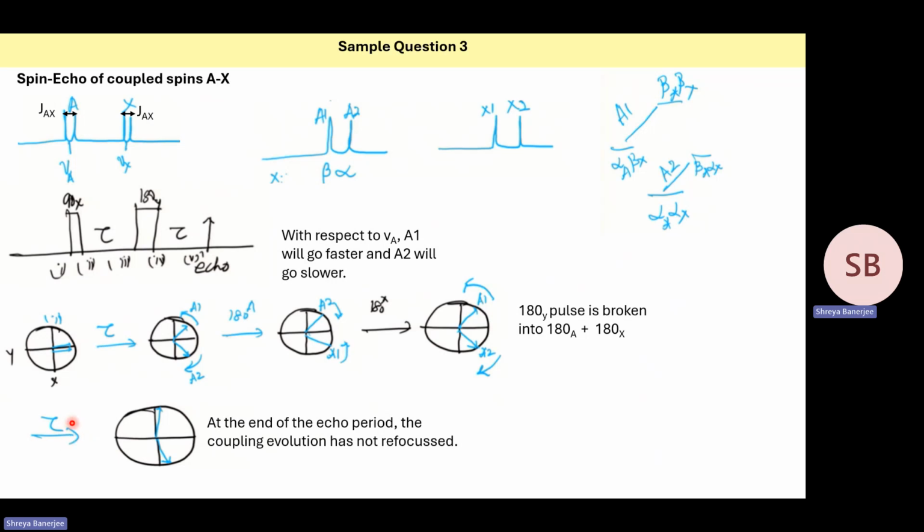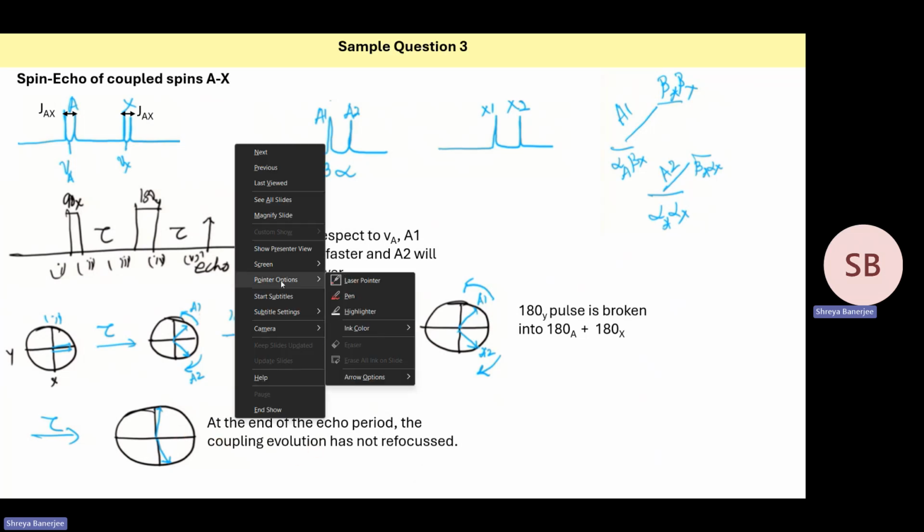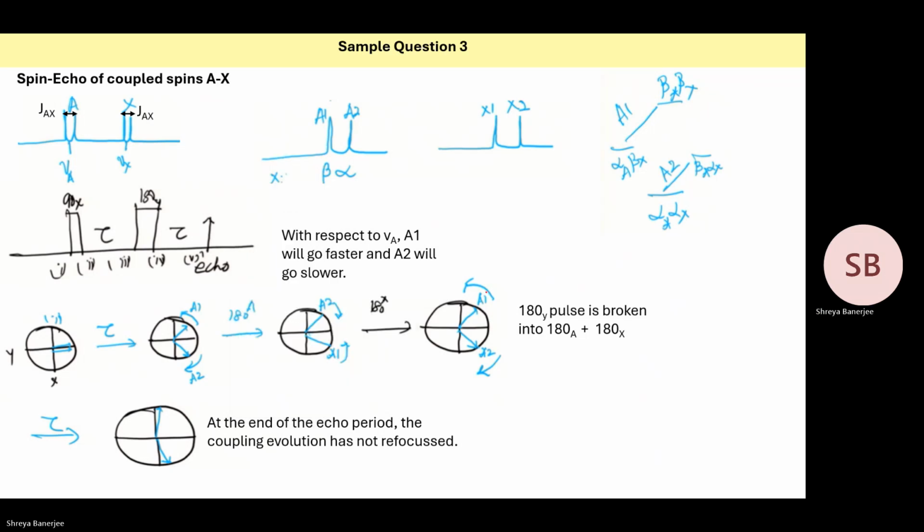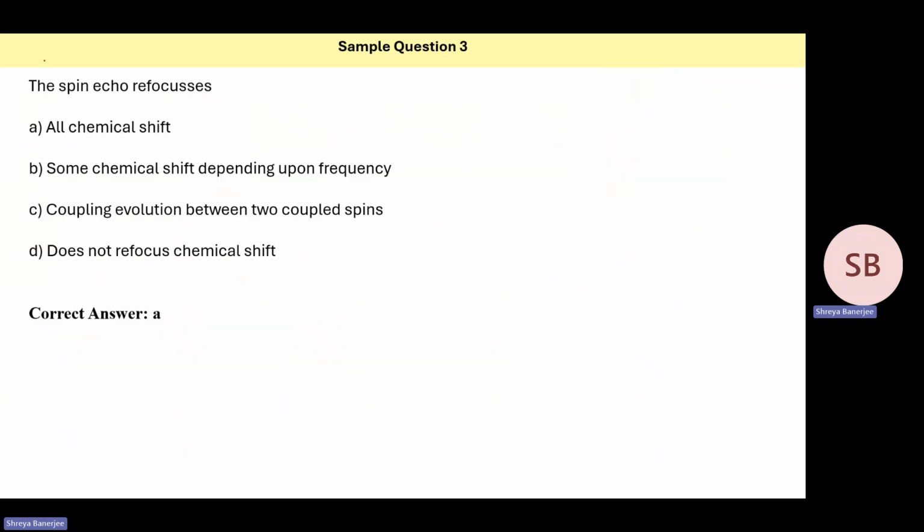And as we discussed in the previous class, the A1 and A2 do not refocus. If they refocused, then the coupling evolution would have refocused. But at the end of the spin echo sequence, A1 is still traveling along this direction and A2 is still traveling along this direction. So your coupling evolution is not refocusing. So your option C is discarded, and that leaves you only with option A.